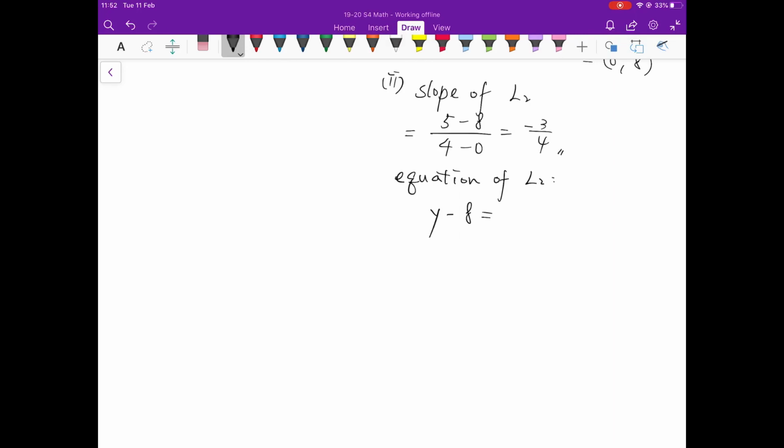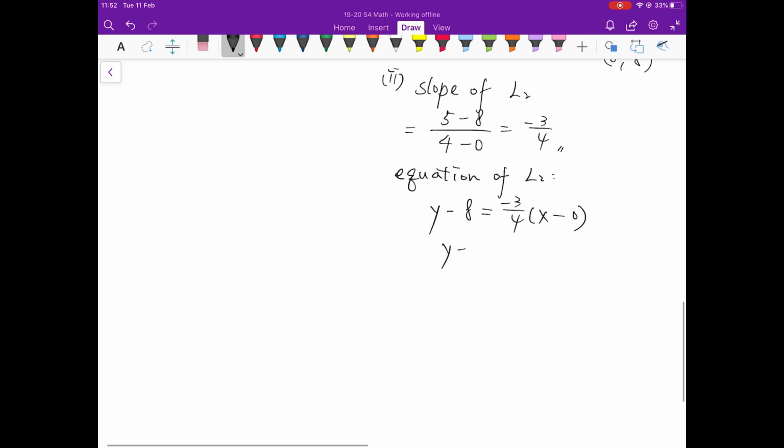So y1 is equal to 8. For the right-hand side, it is the slope negative 3 over 4 times x minus x1, which is 0. Finally, y minus 8 equals negative 3 over 4 x, and y equals negative 3 over 4 x plus 8.